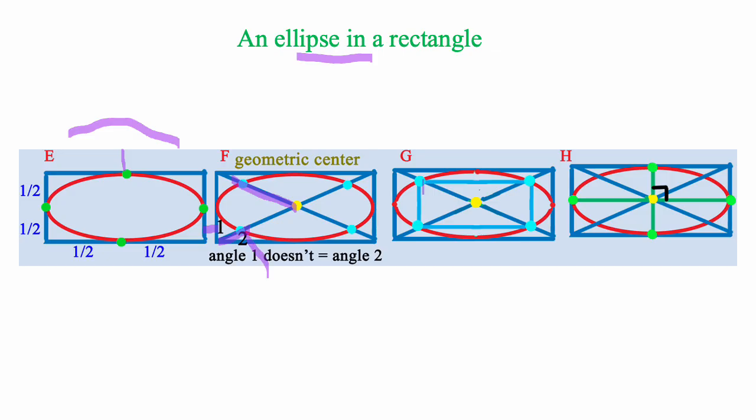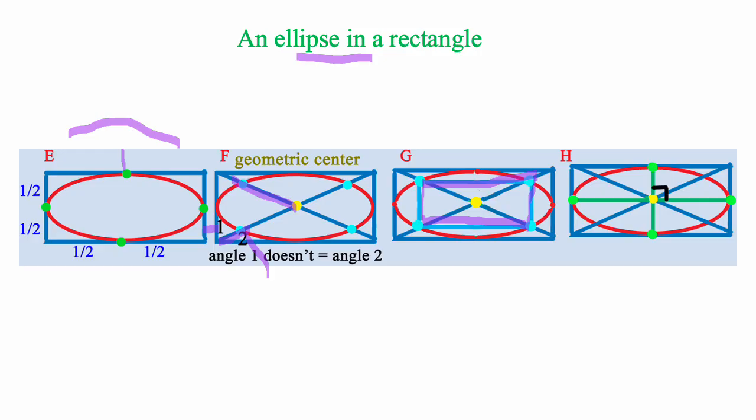If you connect the blue dots, which are the intersections of the diagonals with the ellipse, you'll get a rectangle inside the ellipse. And then you can draw another ellipse inside this rectangle. So once you have one ellipse, you can draw rectangles and vice versa.